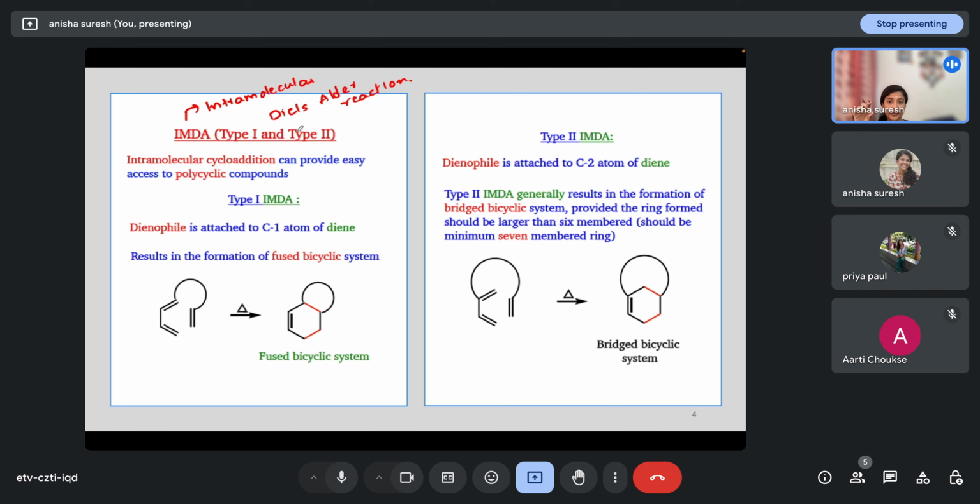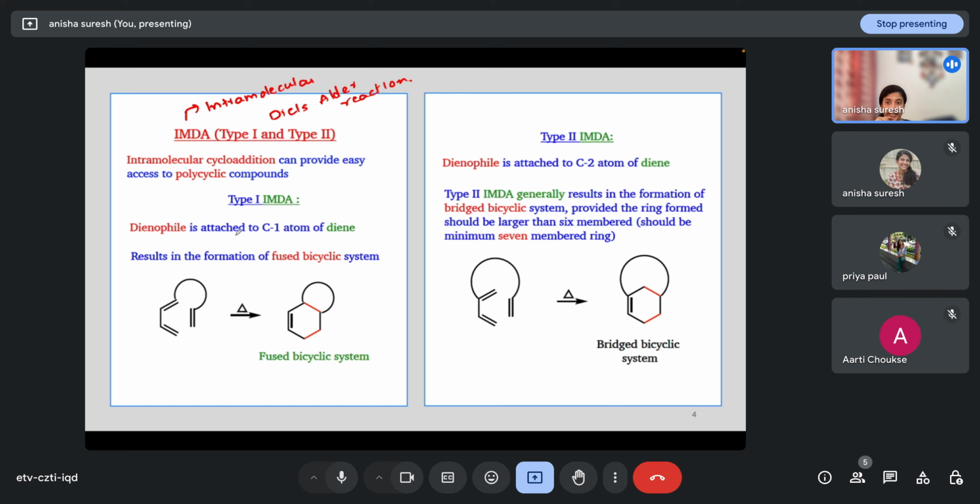It depends upon the position of the diene where the dienophile is attached. The intramolecular cycloaddition can provide access to polycyclic compounds. Depending upon the position where the dienophile is attached to the diene, it is classified into two types, IMDA type 1 and type 2.